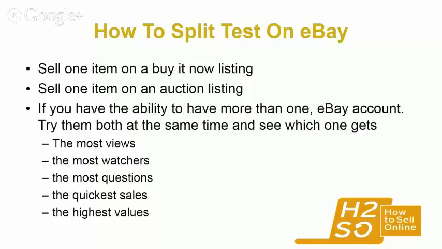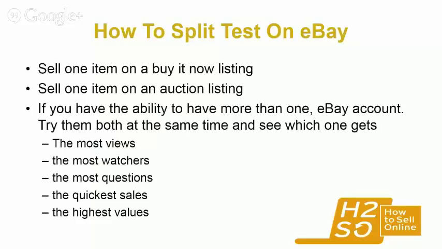Now then, the trick here is you need to be analyzing the data on your dashboard. So you need to be looking to see where the most views have come from, where the most watchers have come from, where the most questions have come from. Has it been the buy it now listing or has it been the auction listing?